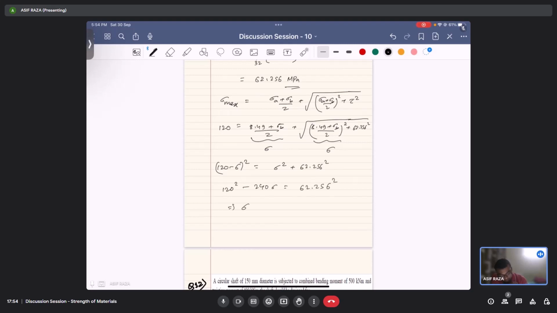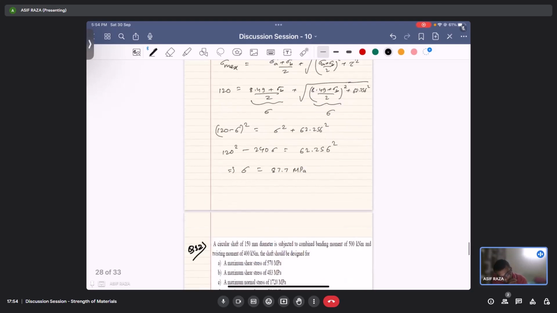If I solve this, it will give me sigma value as 87.7 megapascal. Thus I can find sigma b as 87.7 into 2 minus 8.49, and that comes around 166.91 megapascal.